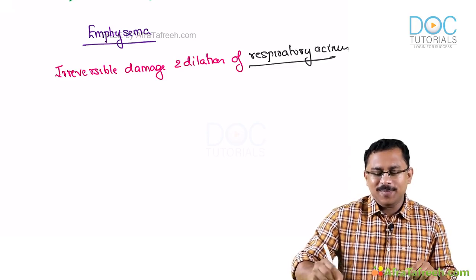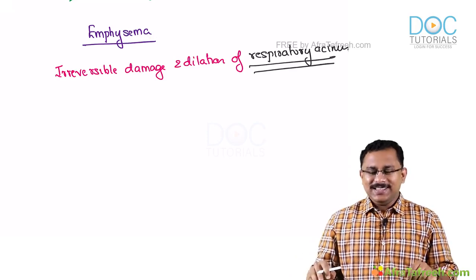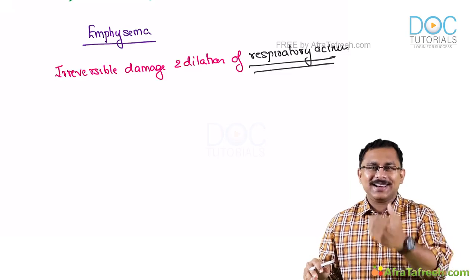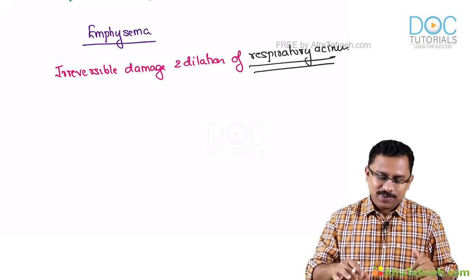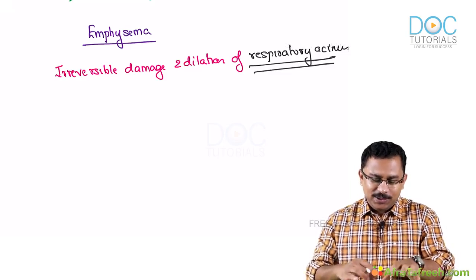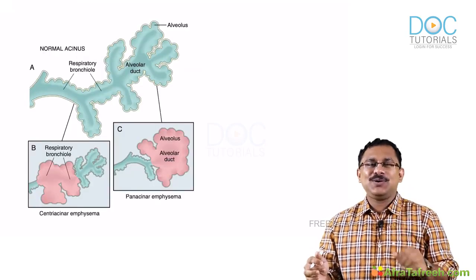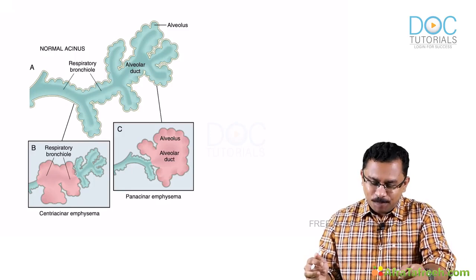Now, what do I mean by this? For that you have got to have a basic understanding of what this respiratory acinus is. So I'll take your attention to a picture in Robbins pathology. At least some of you would be able to recognize this picture.